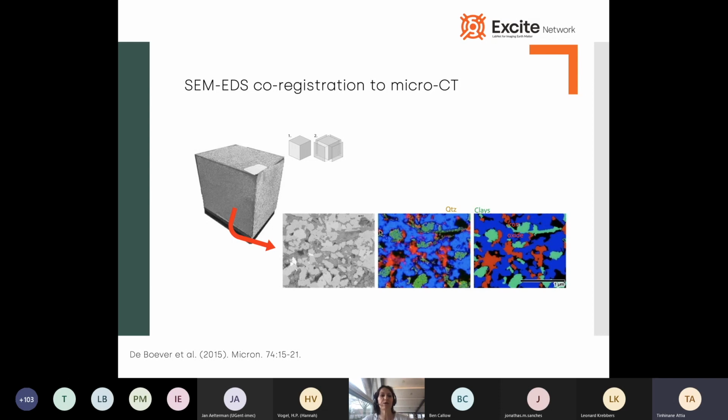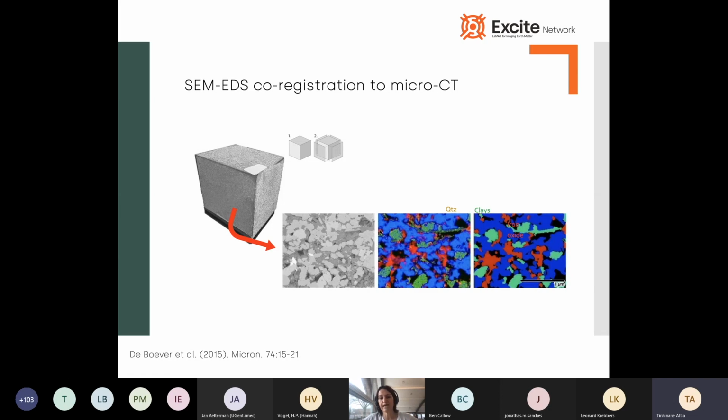But if you polish your sample, for instance, like what is shown here, you can combine different techniques, like first doing a CT scan of your block, then coating it, then putting it in a scanning electron microscope, combining the chemical information and the mapping that you got from your surface or different surfaces, and then trying to match the gray values that you obtained with X-rays with the mapping that you obtained with the chemical information using electron microscopy.